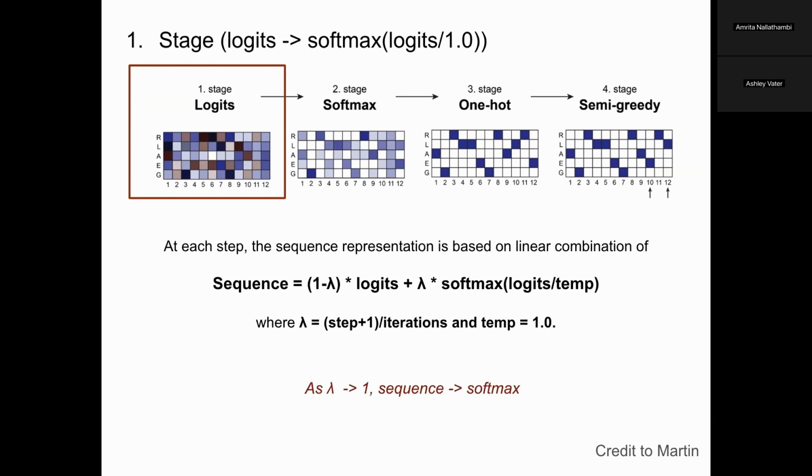At each iteration, we multiply with lambda, which is the step divided by the iterations. If lambda is 0 at the first stage, you completely hallucinate through the logits. But as lambda goes higher and at a certain stage equals 1, you run the hallucination process with the softmax. So it goes from the logits to the softmax.